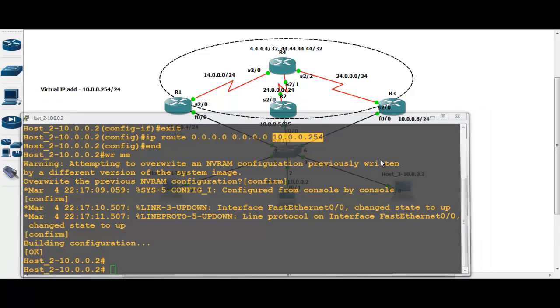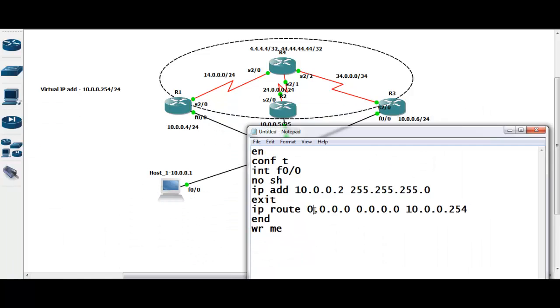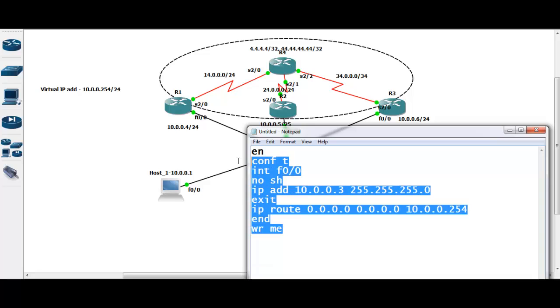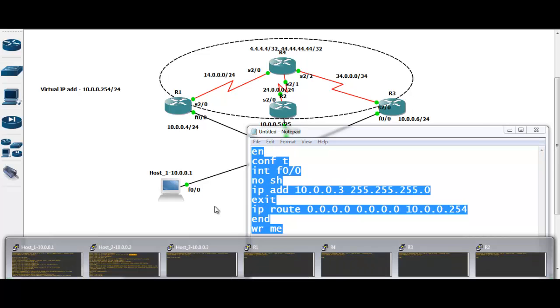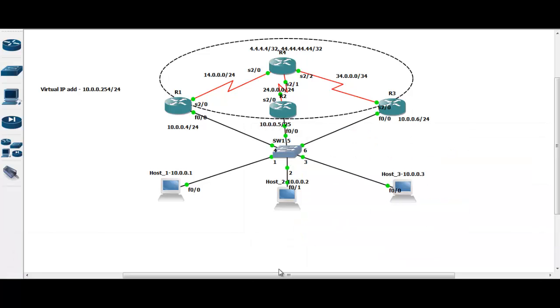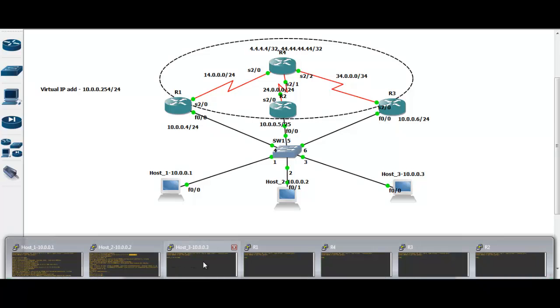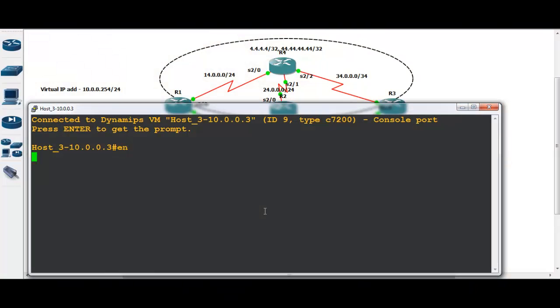For computer 3, I'm just changing the IP address to 3. Sorry, it's not for router 3, it's for PC3. So PC3, done.